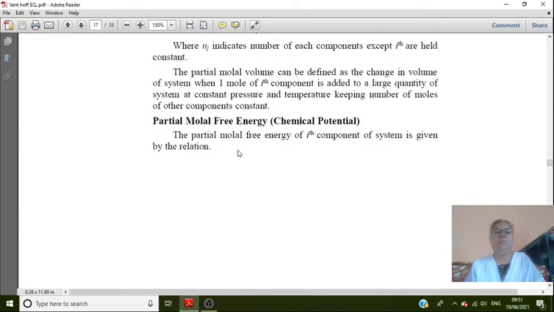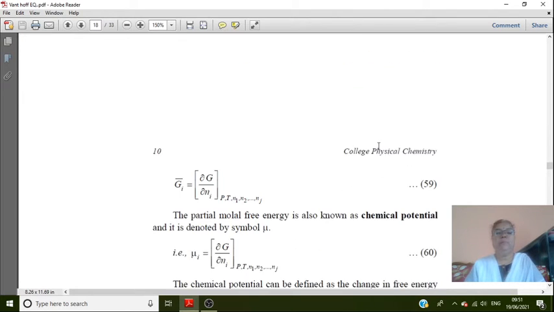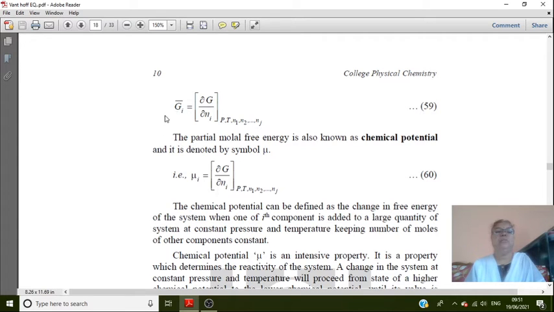The partial molar free energy of the ith constituent of the system is given by Gi bar, where G stands for free energy, bar is for the partial molar quantity, and i is for the ith constituent. So Gi bar is equal to ∂G/∂ni at constant pressure, temperature, n1, n2, up to nj.